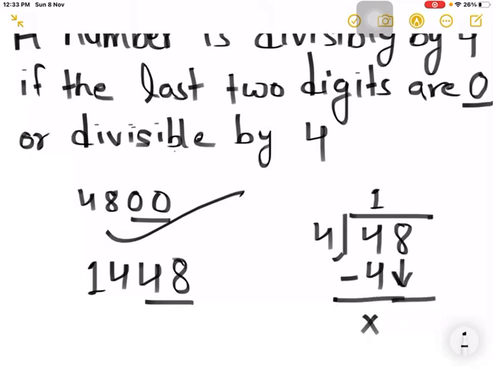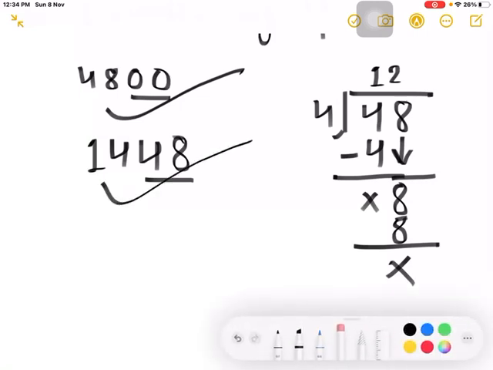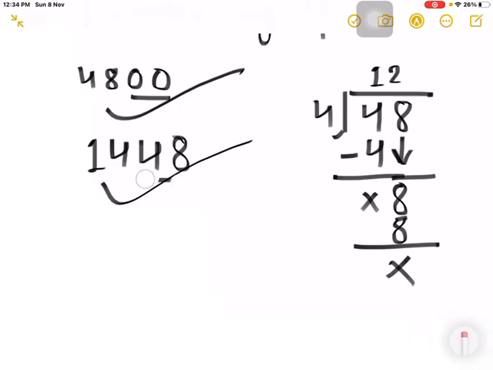Bring down the next number, 8. 4 twos are 8. Subtract. No remainder. Yes, 48 is divisible by 4, which means the whole number is divisible by 4. Understood?